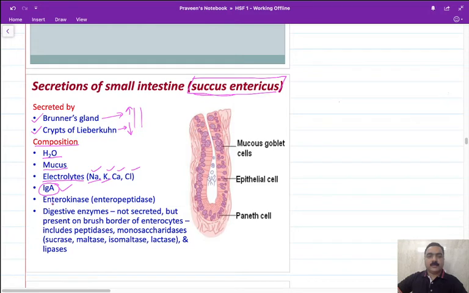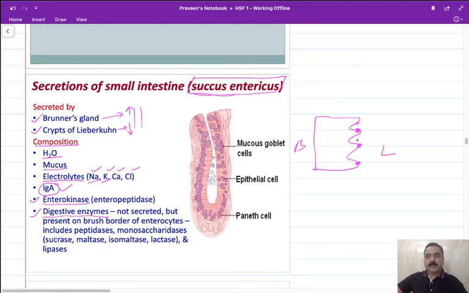Now let us go into the specialized things present here. Things like enterokinase and the digestive enzymes of the small intestine are not secreted. For example, this is a cell of the small intestine; this is the lumen side and this is the blood side. On the luminal side, on the microvilli on the surface, you have enterokinase and the digestive enzymes.